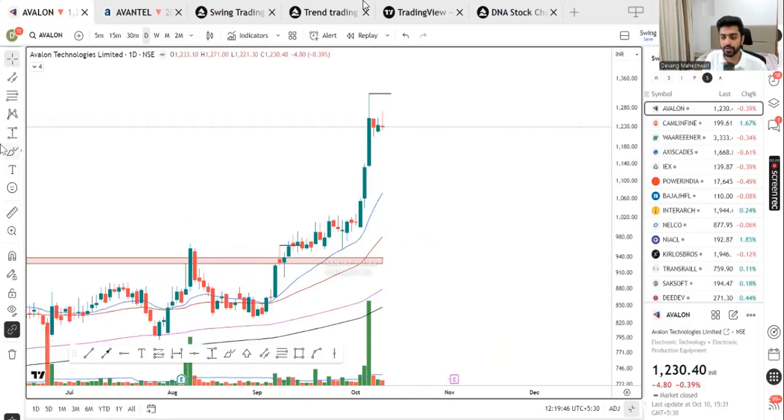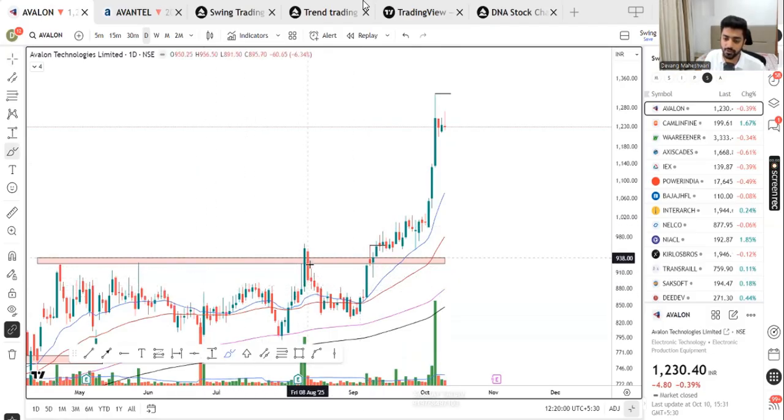What I told you about base, how does base get formed? It goes below the moving averages. If it's consolidating, it goes below. So this here goes below the moving averages, goes below 20. That's where it gets reset.